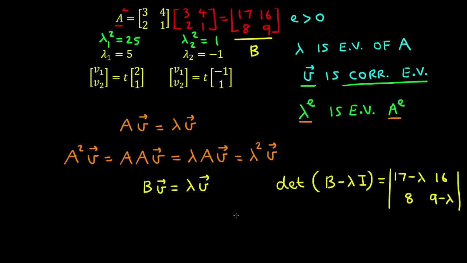So we expand this to get the characteristic polynomial. So 17 minus lambda times 9 minus lambda minus 16 times 8 is equal to 0.